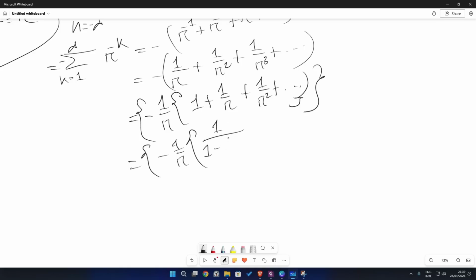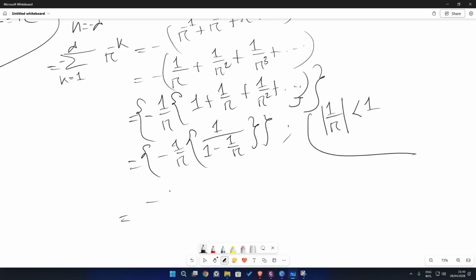The common term is r. So here we can also adjust the ROC: the ROC will be modulus of the common part less than 1. Now let's simplify it.